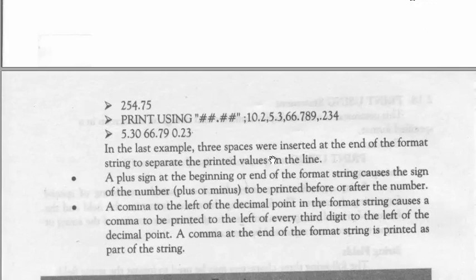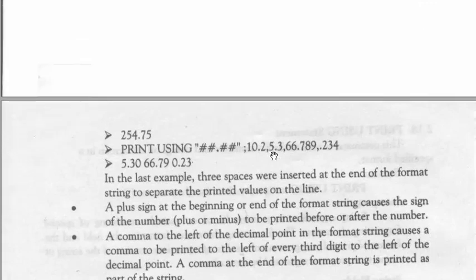A plus sign at the beginning or end of the format string causes the sign of the number, plus or minus, to be printed before or after the number. A comma to the left of the decimal point in the format string causes a comma to be printed to the left of every third digit to the left of the decimal point. A comma at the end of the format string is printed as part of the string.